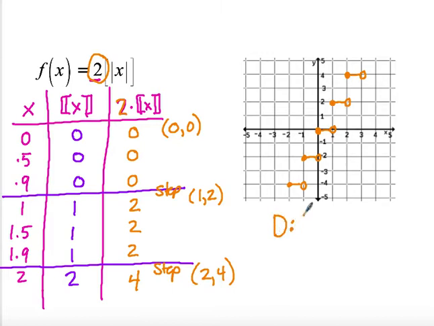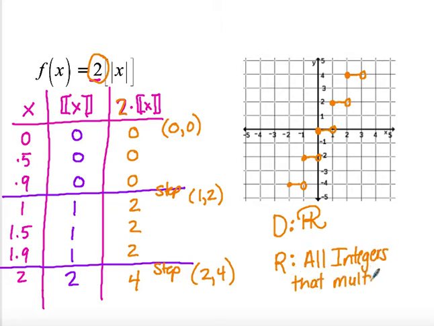My domain's going to still be all real values, but my range is going to be all integer values that are multiples of 2, or you can say even integers, however you want to word that. All right, so that is a problem of the greatest integer that has multiplication involved.